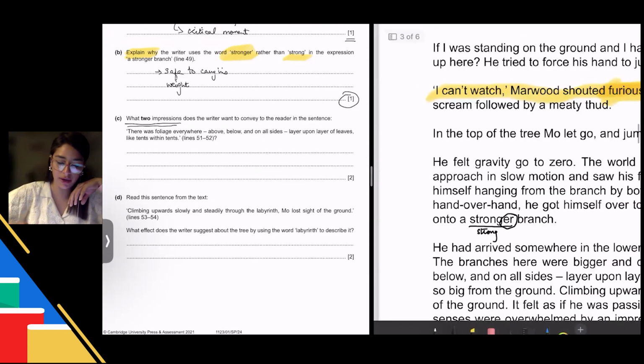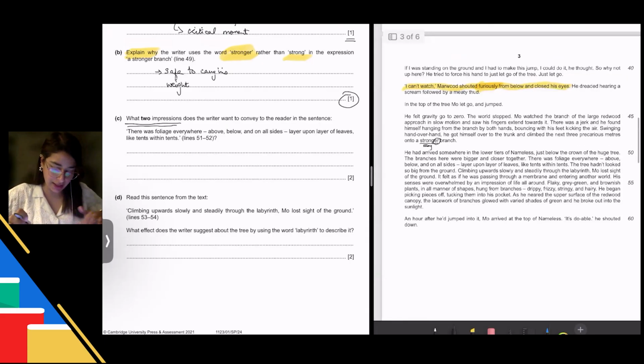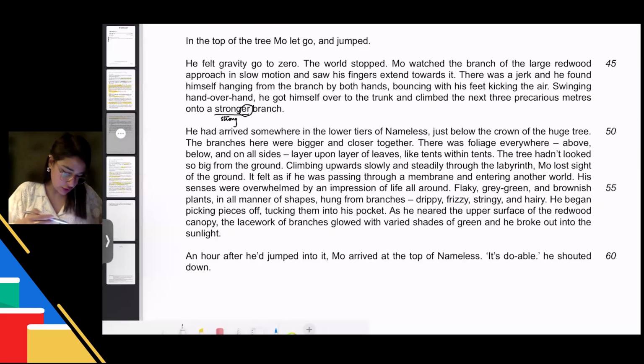When he is talking about lines 51 to 52, for questions like this, a good way to go would be to read through a few lines before and after to get a little gist of what the context is for the given lines. So here, this is talking about lines 51 onwards. It says branches here were bigger and closer together. There was foliage everywhere, above, below, and on all sides, layer upon layer of leaves like tents within tents.